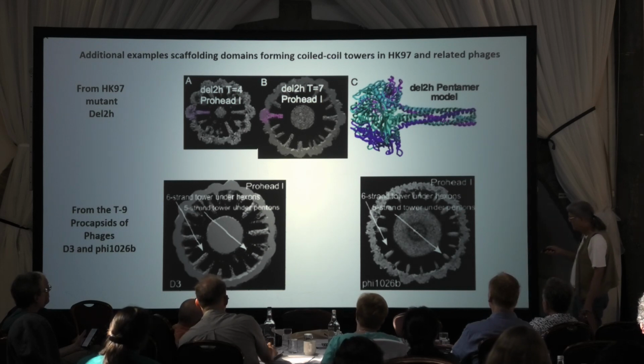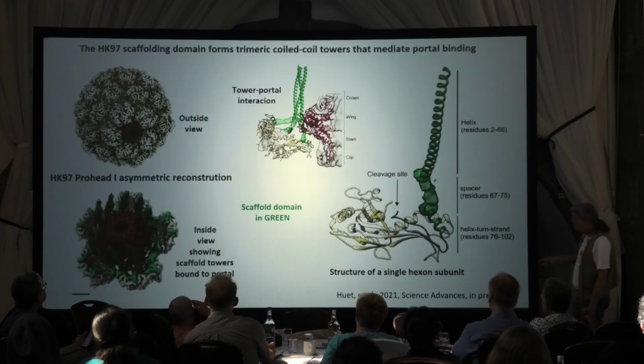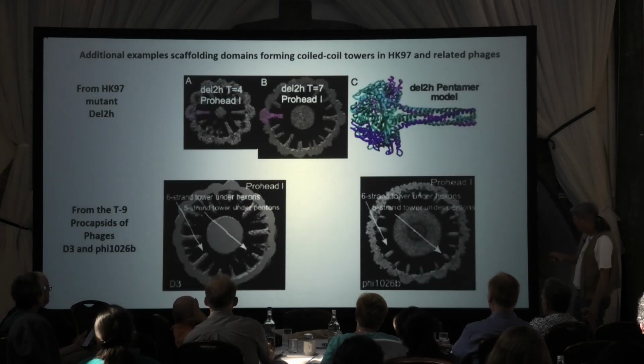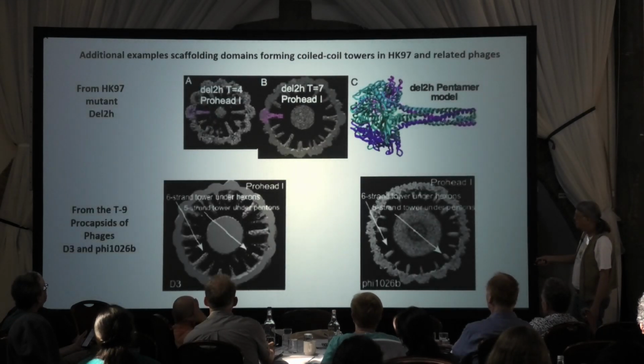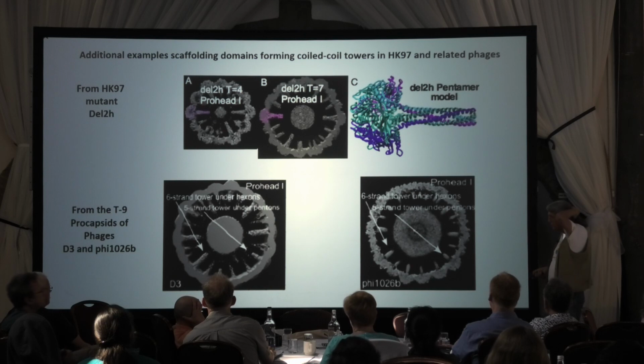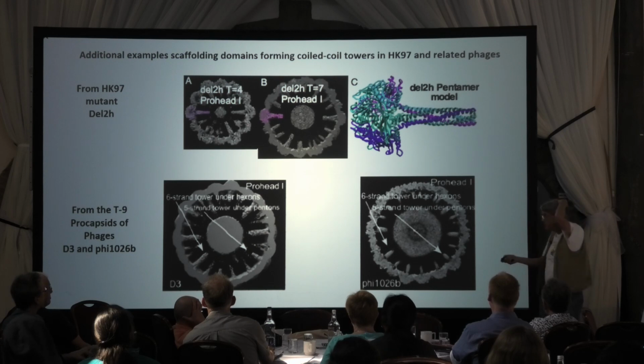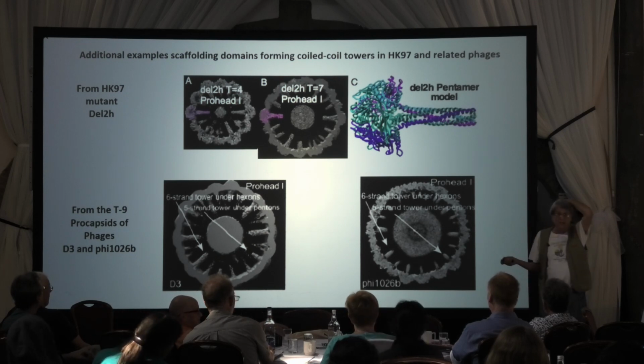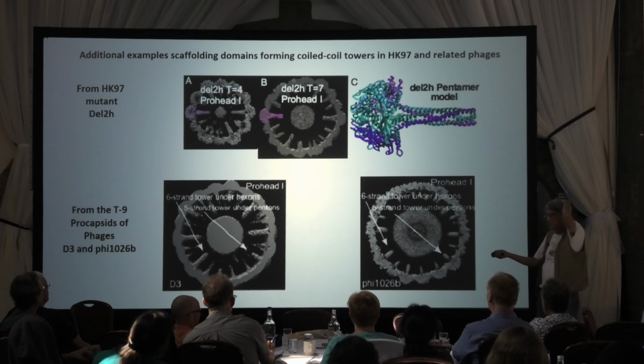And we also see similar what we interpret as coiled towers, as Anna showed you earlier in her talk, under the pentons. In addition, we see what we interpret to be 6-stranded coils underneath the symmetric pentons in the middle of the face of the T=9 capsid.